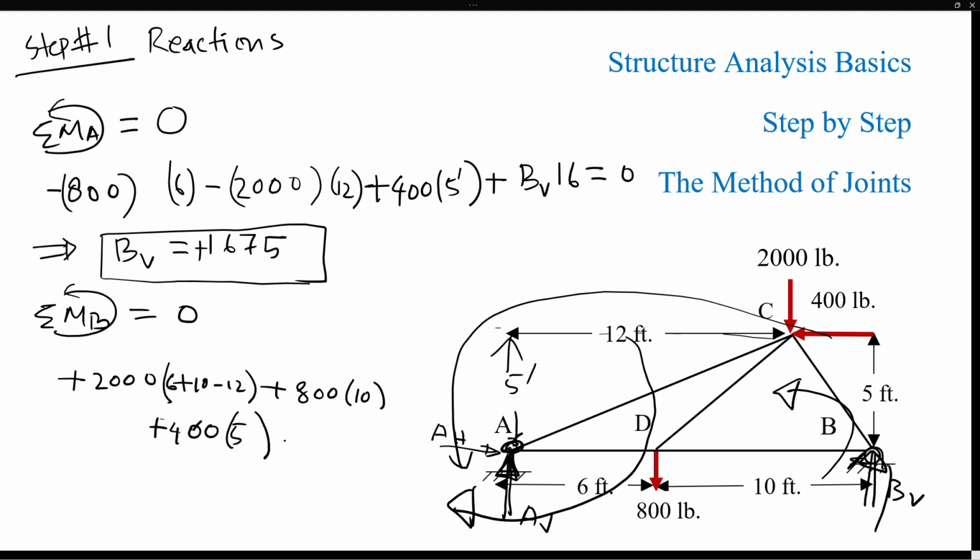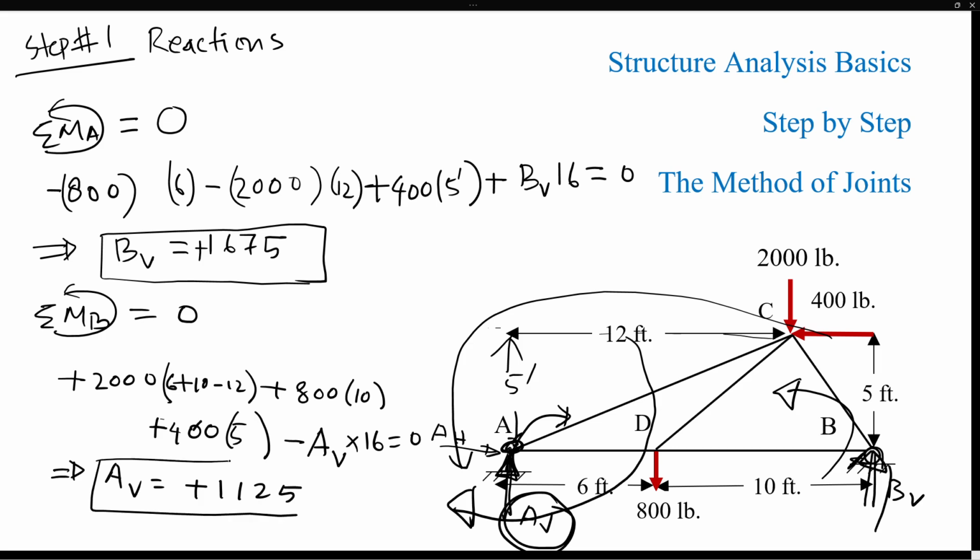And then we have the reaction at A, the vertical component. That will do a clockwise moment. It will try to push this structure upward, making a clockwise motion, and it is 16 feet away from B. So then we can calculate the reaction at A. I found positive 1125.